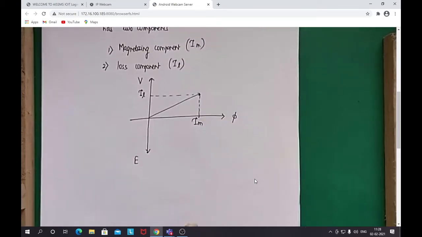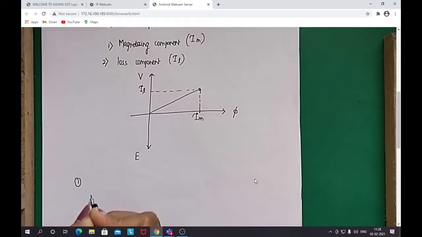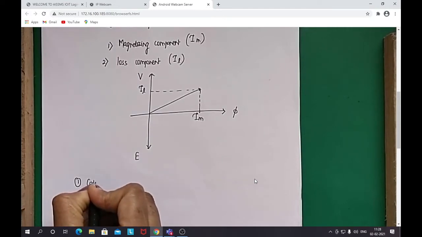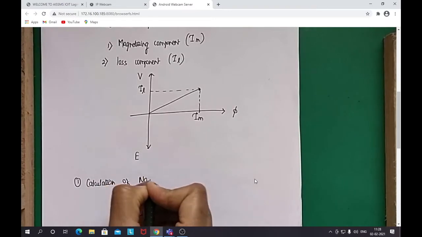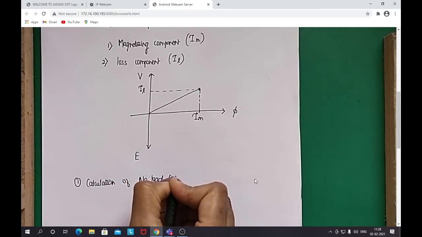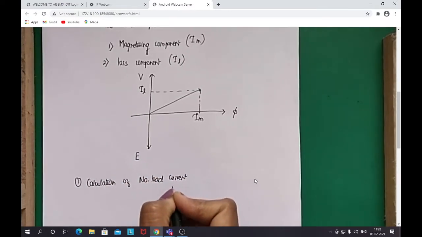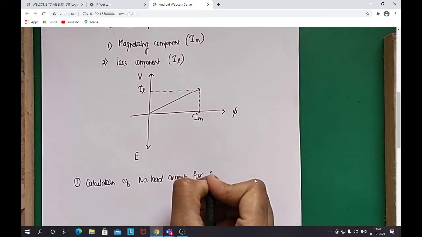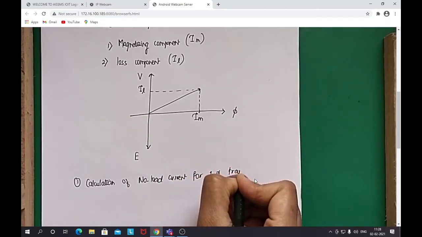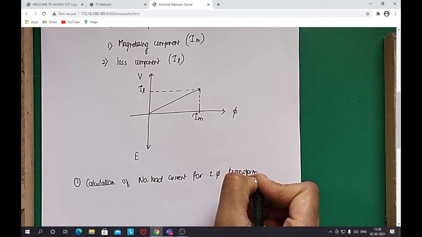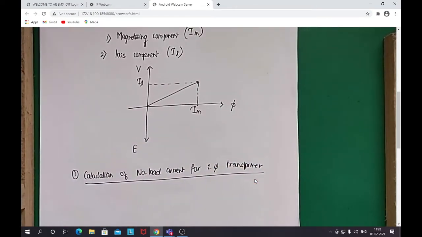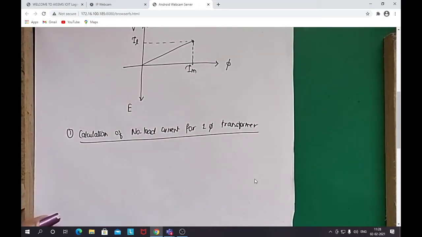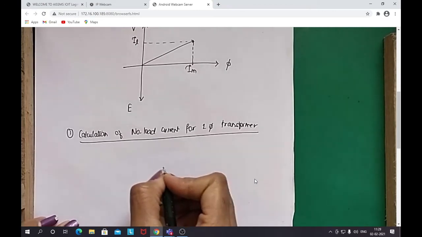So the first topic of discussion is the calculation of no load current for single phase transformer. Now let us draw a schematic for a single phase transformer, which you already know.